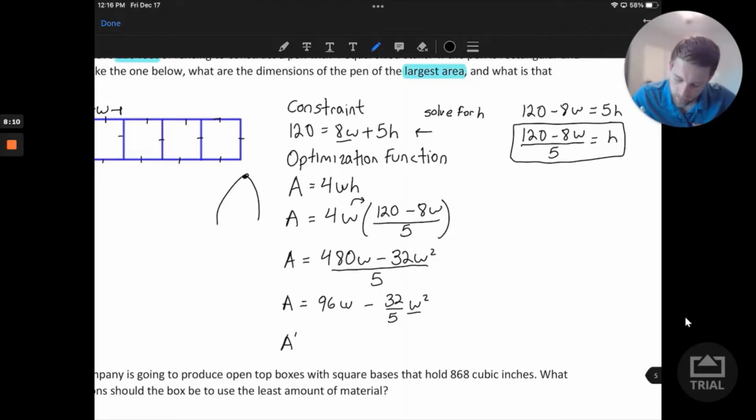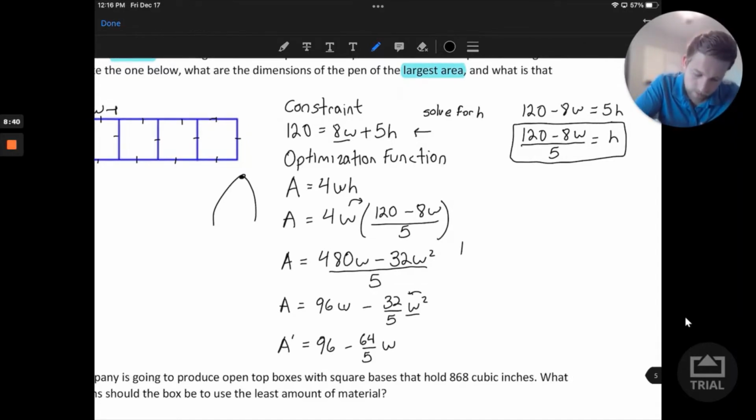So let's take our derivative here. We'll have 96 on one side, and then multiplying by 2, we can bring the 2 down to make a negative 64 divided by 5 times w. This derivative function is a linear function, meaning we're just going to get a single solution, which is to be expected.